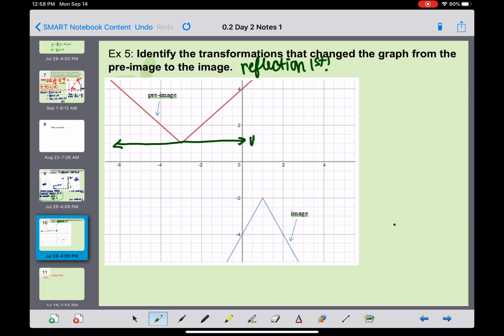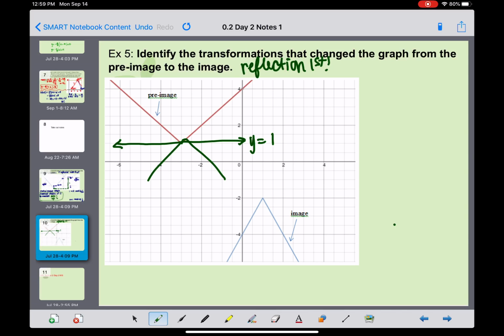So the equation of this line is y equals 1. It's a horizontal line, goes through y equals 1. Okay, so if I reflect over the line y equals 1, then when I reflect, it does not change where my vertex is, and my translations are the same. Okay, so there is more than one correct answer here.